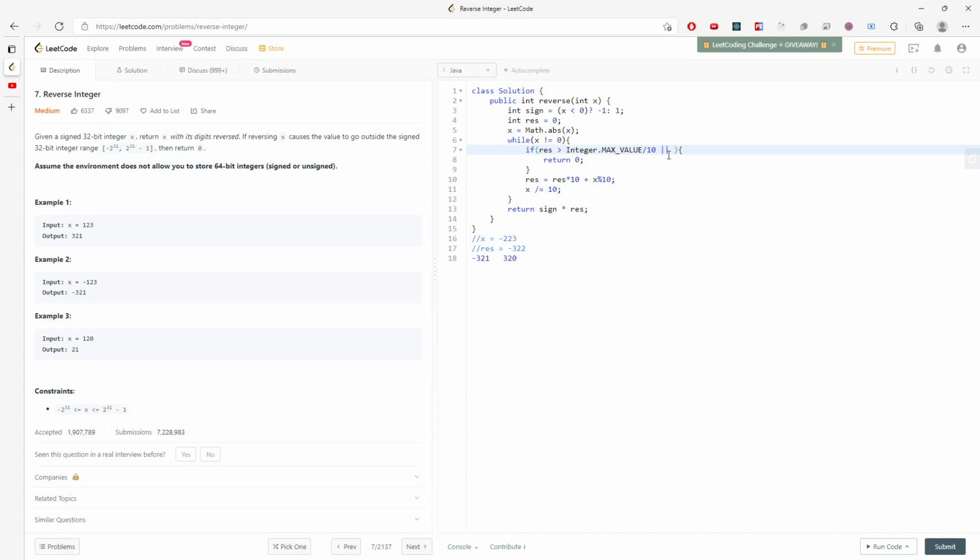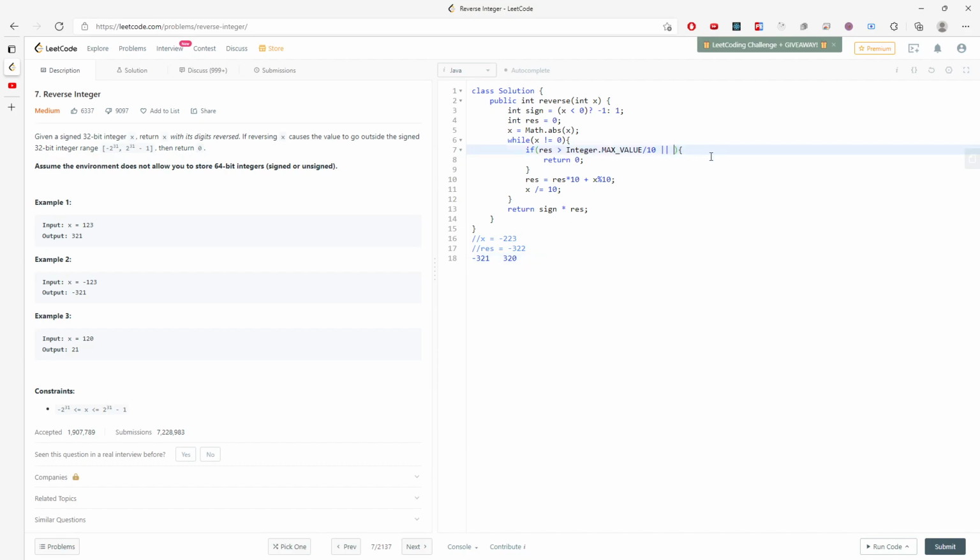The other case is if the result multiplied by 10 is less than integer min value plus x mod 10, you still have to return 0. This is because you are not allowed to add the negative value in there. This is the boundary. You are not allowed to do it, and you are not allowed to multiply as well, and don't worry about dividing.